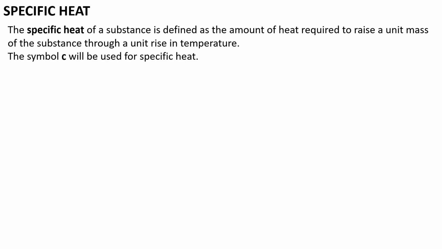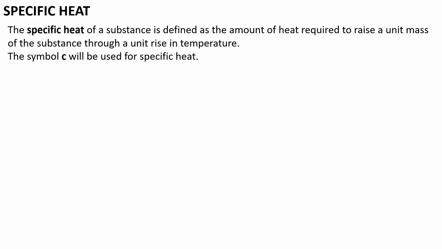Next, we will discuss specific heat. Specific heat of a substance is defined as the amount of heat required to raise a unit mass of the substance through a unit rise in temperature.